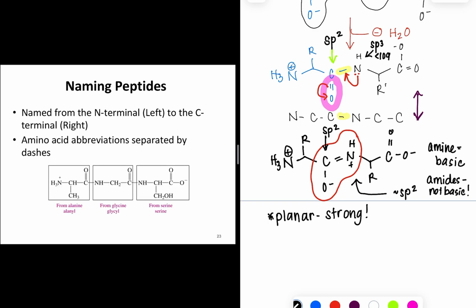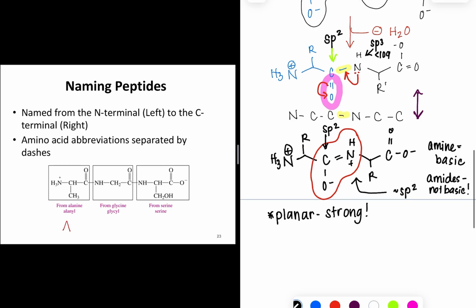Because we always draw our peptide bonds from the N terminal to the C terminal, when I abbreviate this tripeptide, I'm going to abbreviate it as alanine, glycine, serine, ALA-GLY-SER.